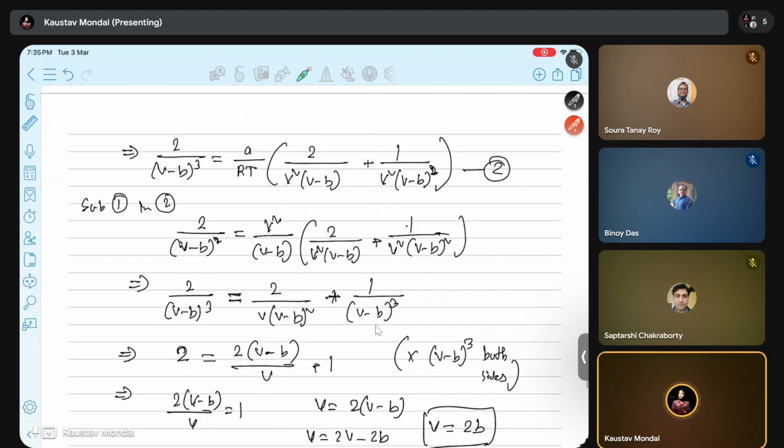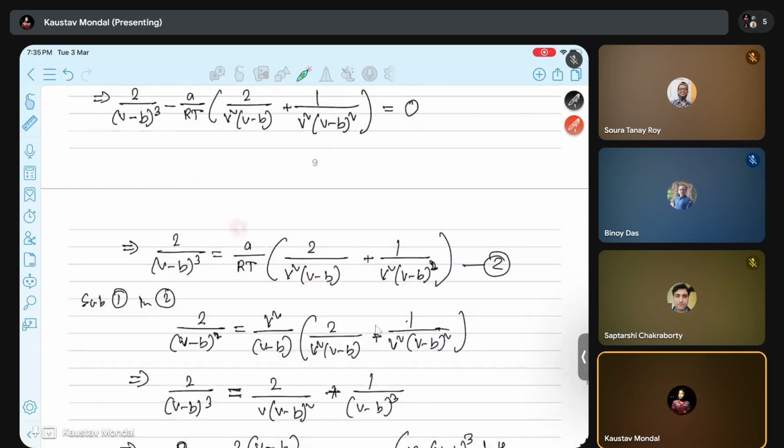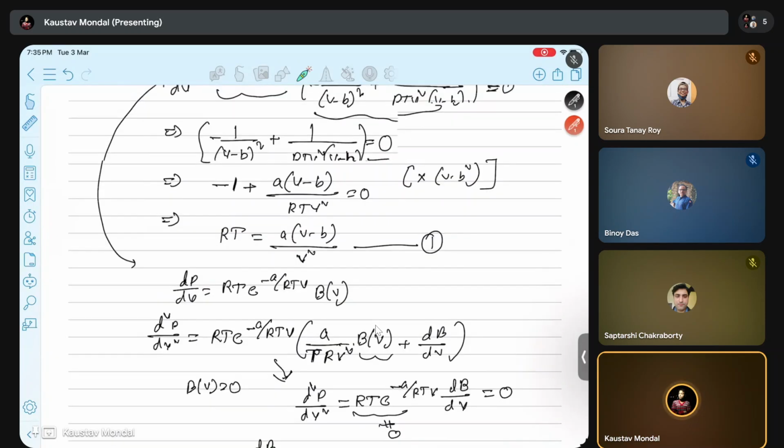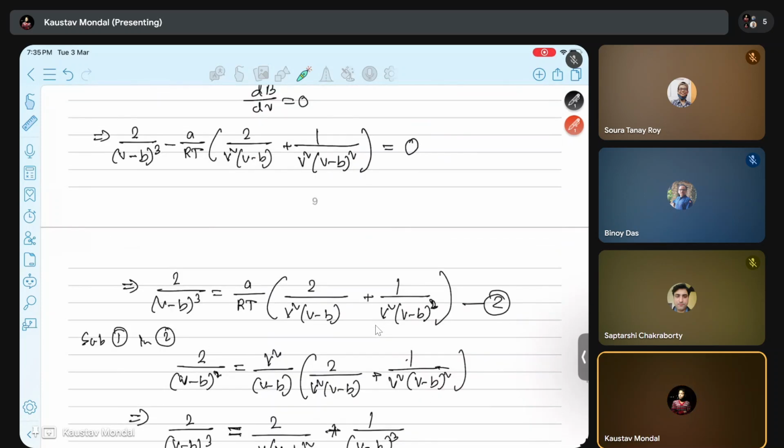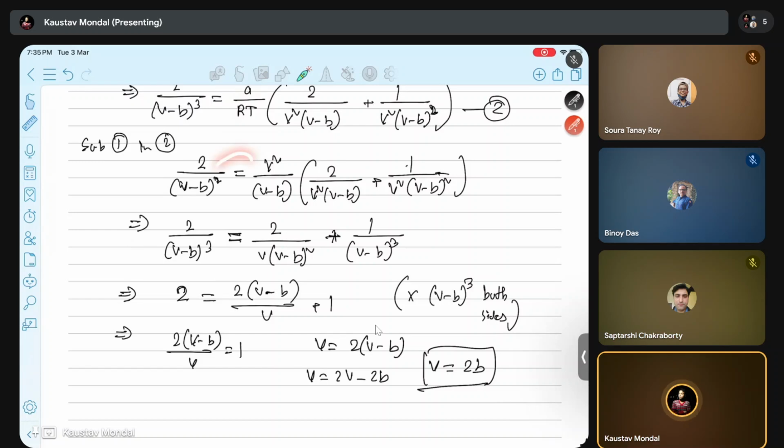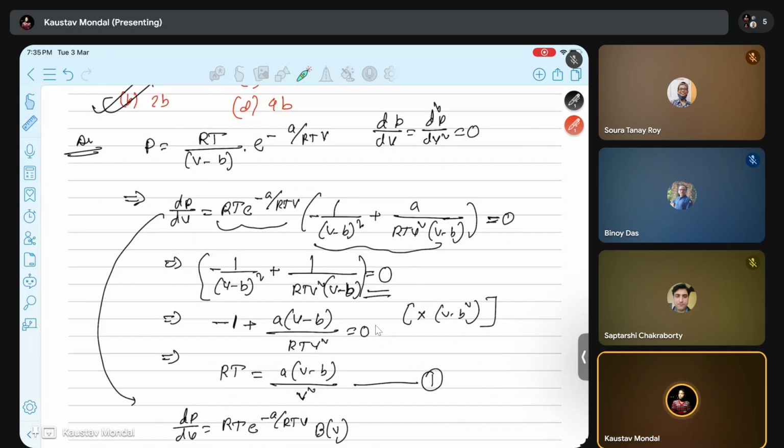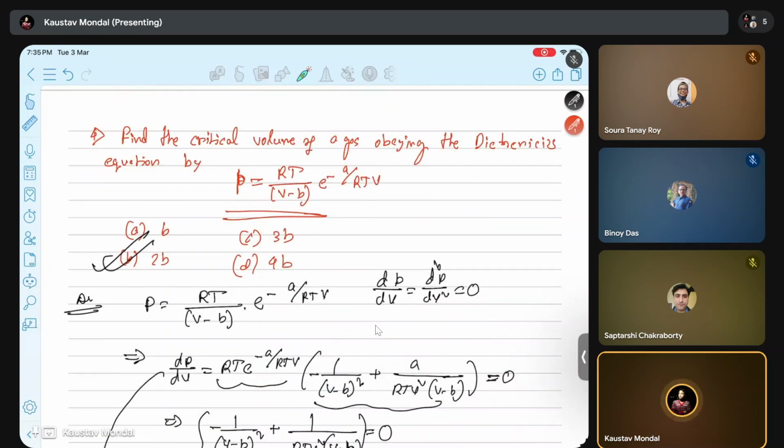And from the second relation we got this one, right? Since we have to write everything in terms of V and b, we just substitute this expression of RT into the second equation, and from there we got this expression of the critical volume, that is given by 2b. Okay, so this is the way you should calculate. Maybe in the same type of question, instead of this equation they give some other equation. In that case also you have to use a similar approach.